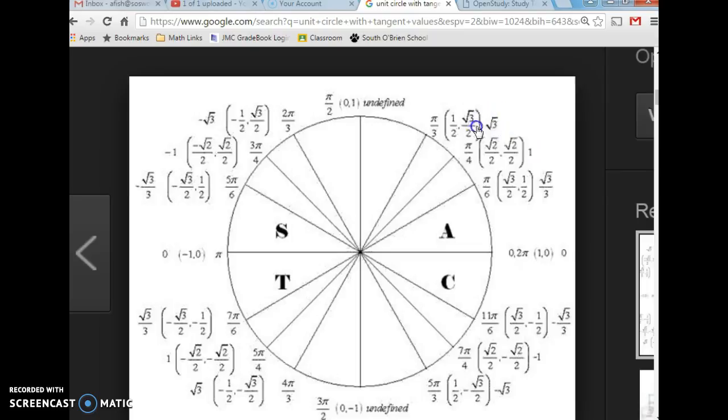Here's the square root 3, but it's positive, so it can't be that value. If I look over here, I've got a value at 2 pi over 3. So that's one of my values. But now I've got to find the other negative square root 3 because they come in pairs. And it's right here, 5 pi over 3.